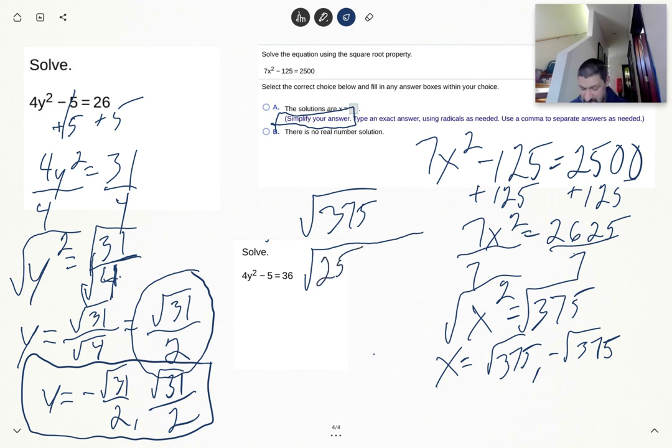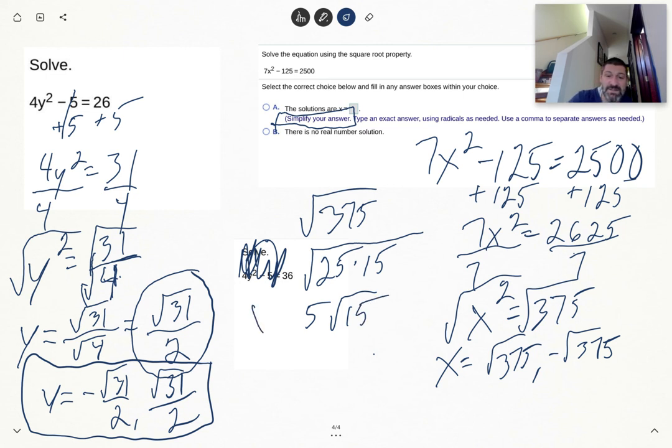If I take 375 divided by 25, I get 15. So I took that 25 out. The square root of 25 is 5, and that 15 stays in.